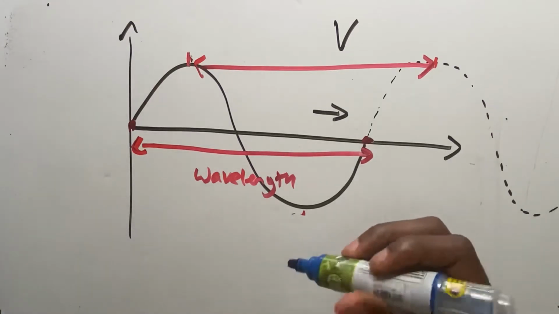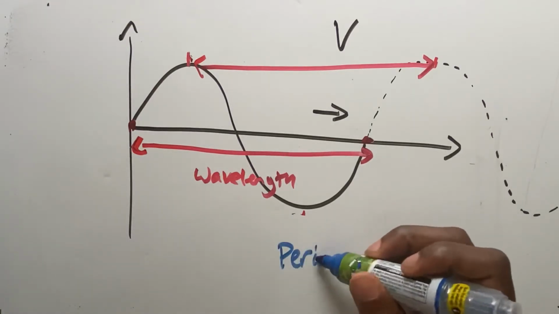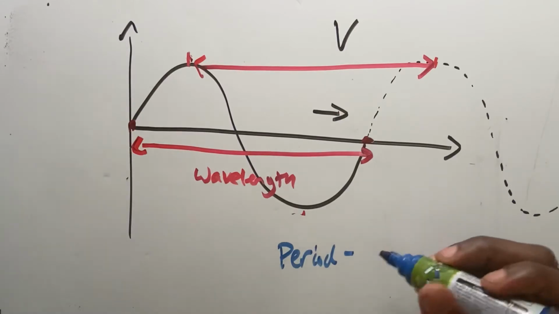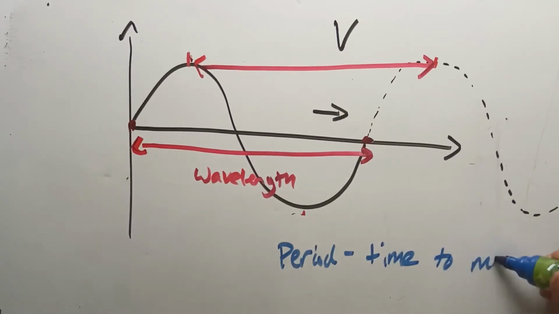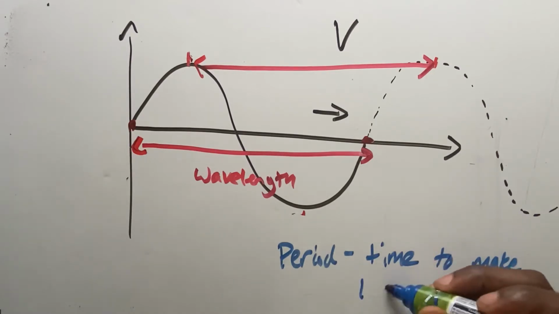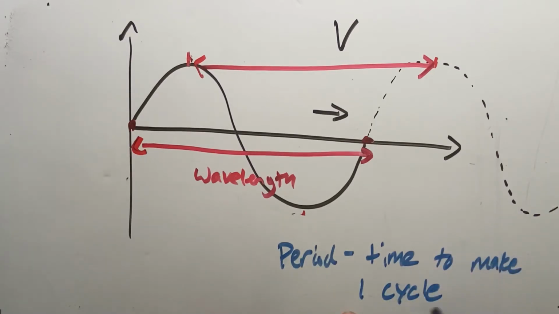The period is the time to make one cycle. When I say one cycle, I mean the time it takes for it to go through one wavelength.